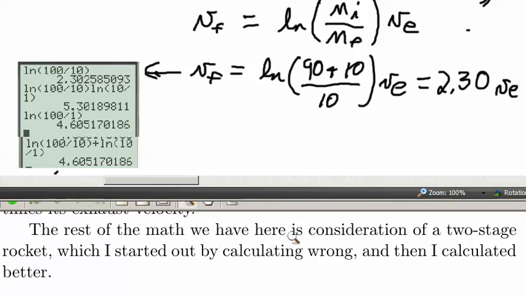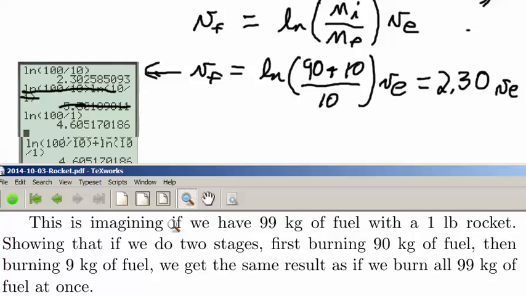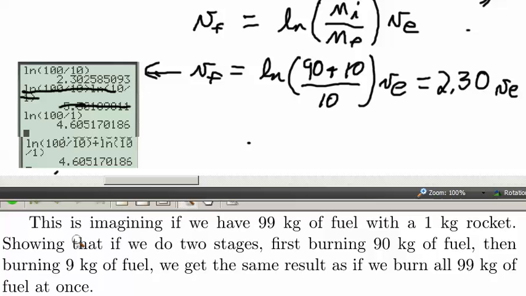The rest of the math we have here is consideration of a two-stage rocket, which I started by doing incorrectly, and then I followed up by doing it correctly, or better. This is imagining if we have 99 kilograms of fuel with a 1 kilogram rocket, showing that if we do two stages, first burning 90 kilograms of fuel, then burning 9 kilograms of fuel, we get the same result as if we burn all 99 kilograms of fuel at once.